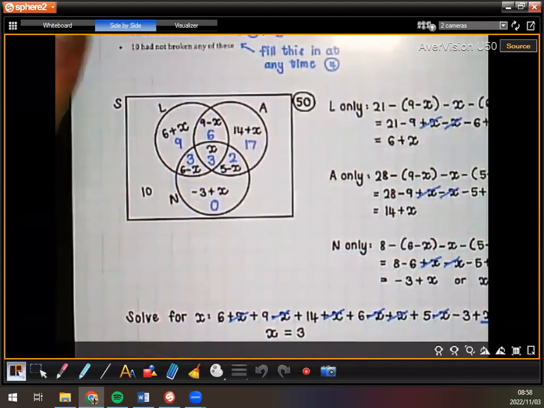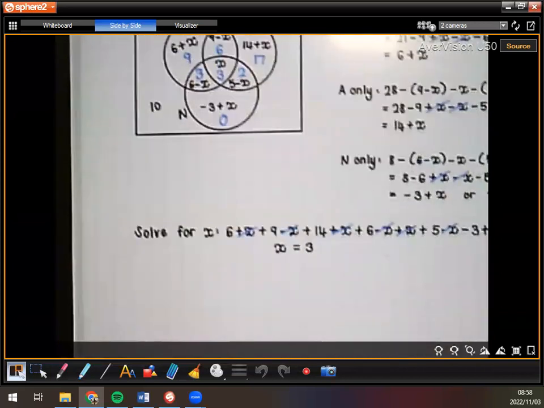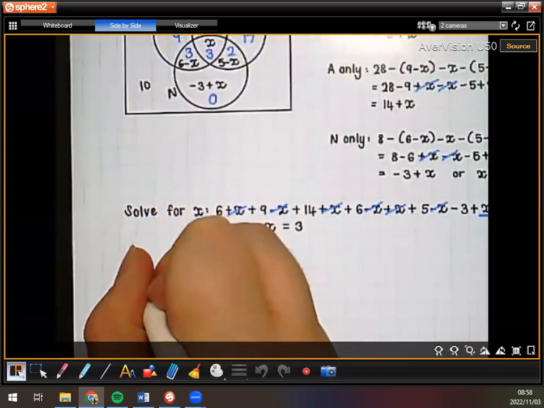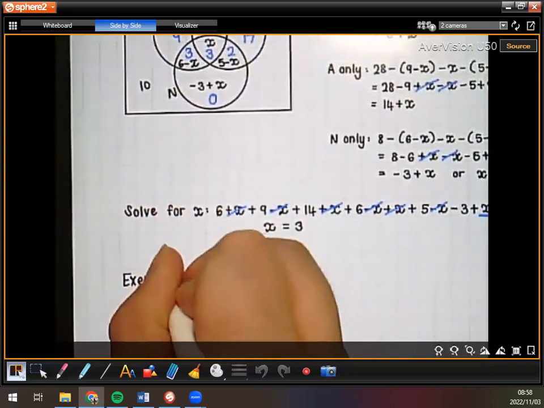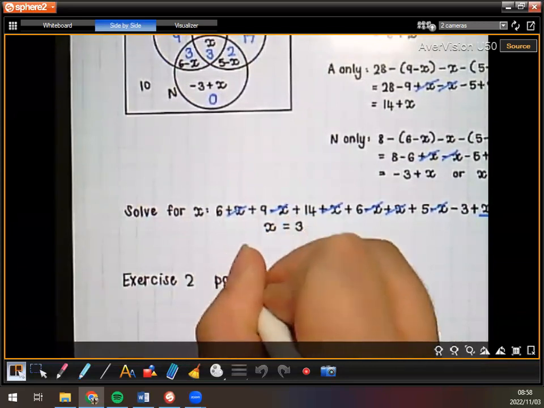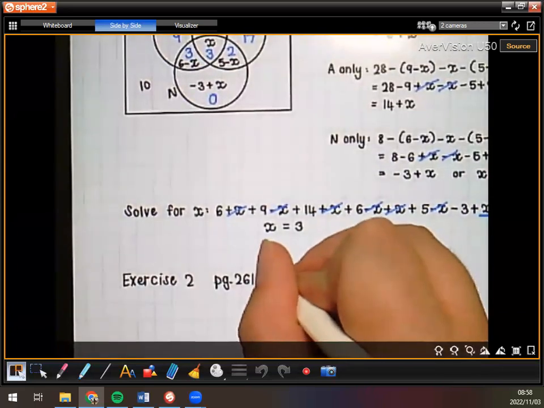Okay, guys, I'm going to give you one to practice. You have to practice it on your own. So in the textbook, it is exercise 2, which starts on page 261. And I would like you to do number 4.1.